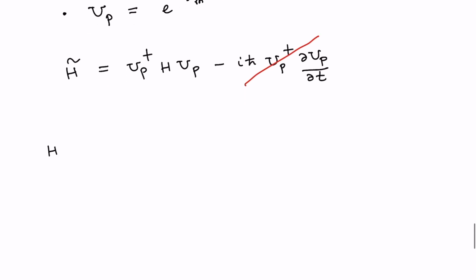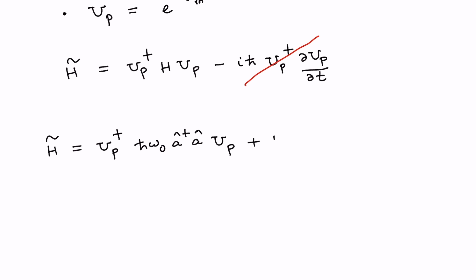So we have H tilde = U_P† [ħω₀ a†a] U_P, that is one term.